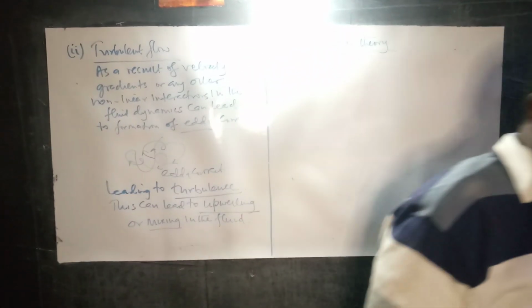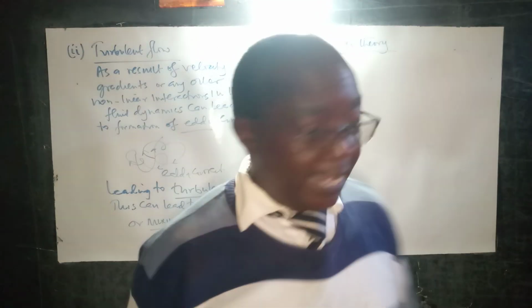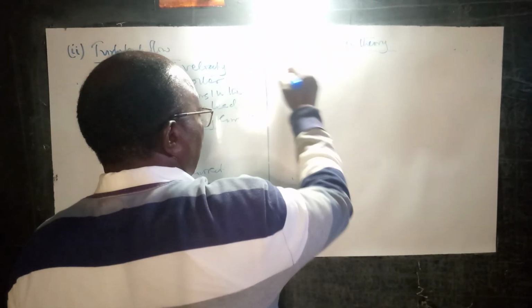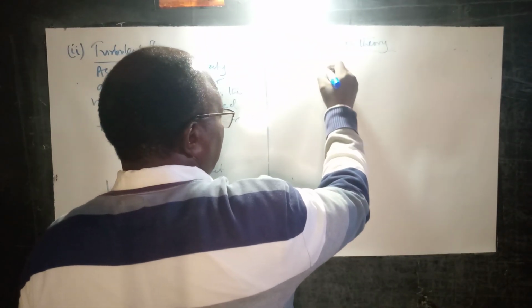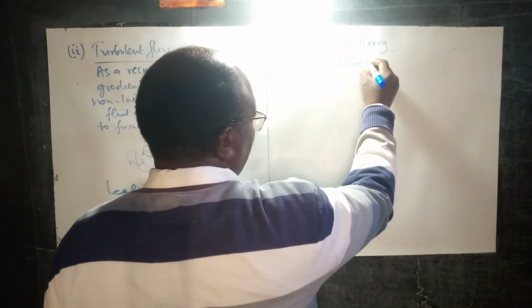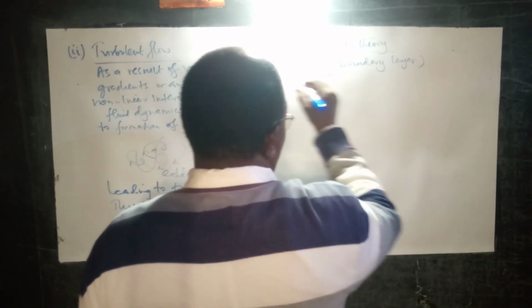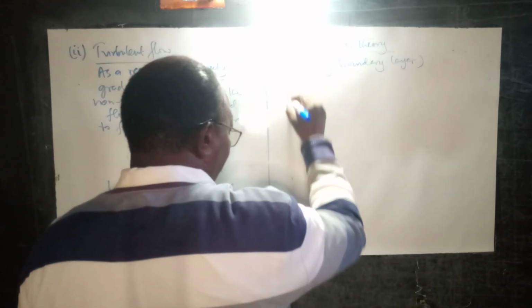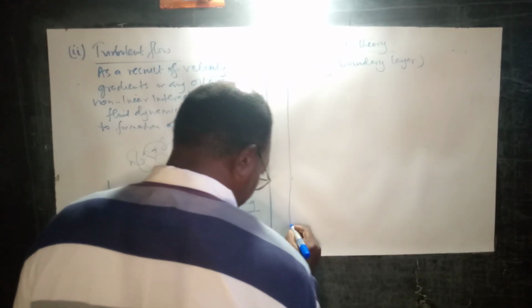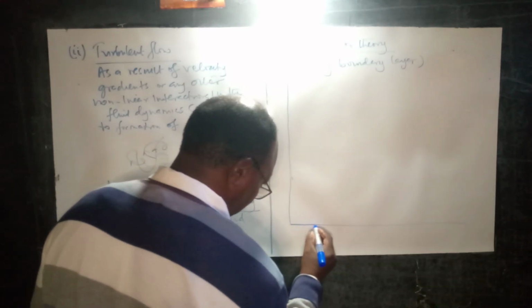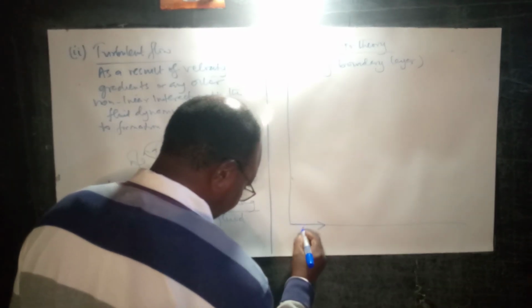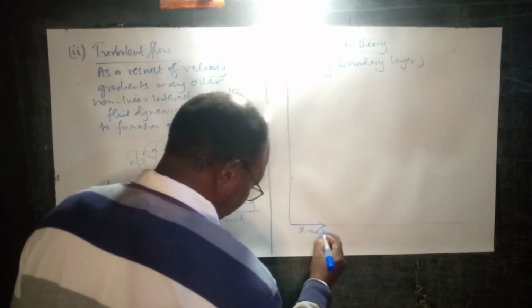And the one we want to talk about in particular is the velocity boundary layer. So we have our surface. Let's call that our x-axis.